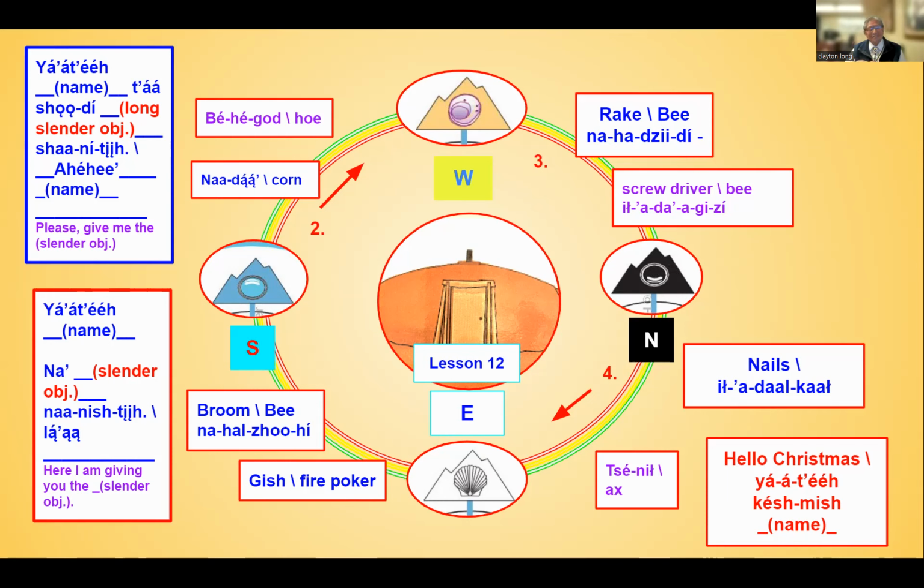For Shaanítįįh, just for practice. Spoon Shaanítįįh. Straw Shaanítįįh. Anything that's long and slender, just ask for that tonight. And just so you can practice, right? And of course, mom might know, dad might know, and grandma might be there. So all those are good.